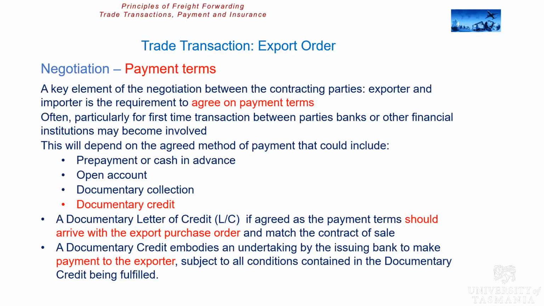So effectively, if you've been able to negotiate a letter of credit, you've been able to negotiate a guarantee of getting paid. Probably the only thing that might stop that happening could be some level of fraud. And that's why banks are very pedantic around the documentation, right to the point of dotting the I's and crossing the T's.